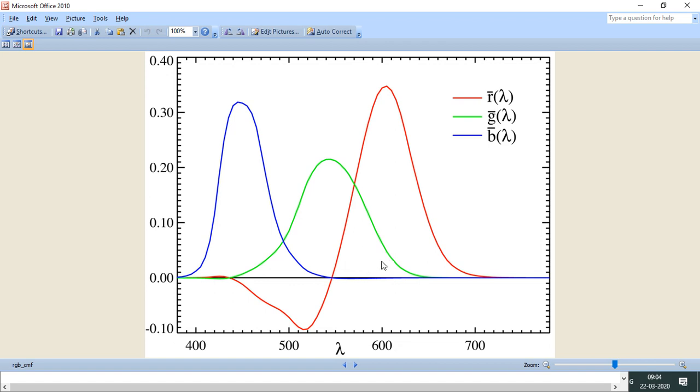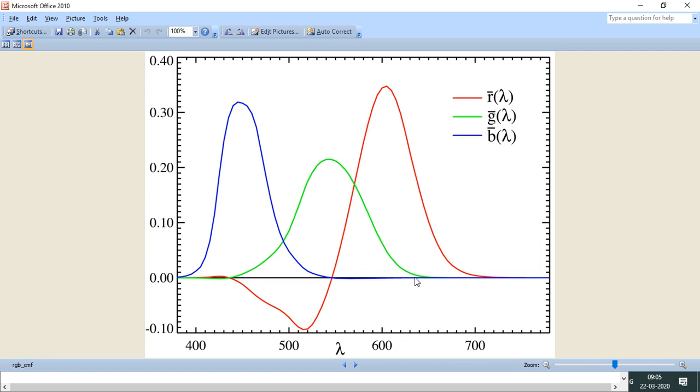So 0.05 quantity of green, 0 quantity of blue, and let us say 0.3 amount of red. So using these curves you can ultimately obtain the relative quantity of red, blue and green primary lights required to reproduce any color that you see in the visual spectrum between 400 to 700 nanometers.